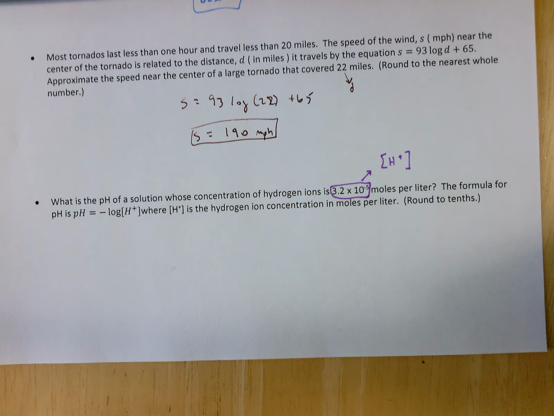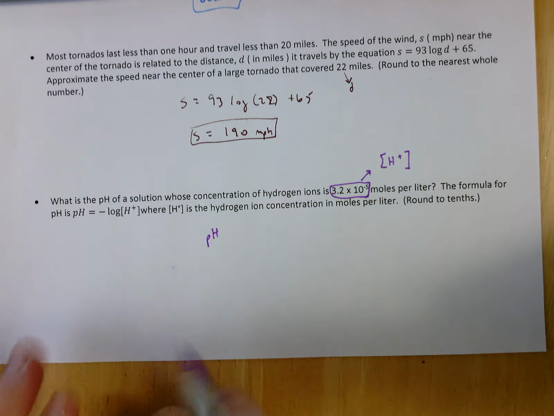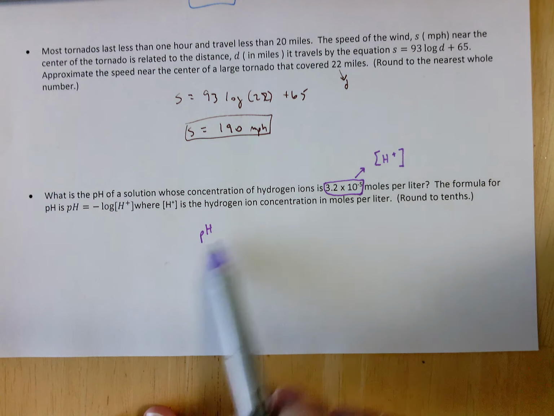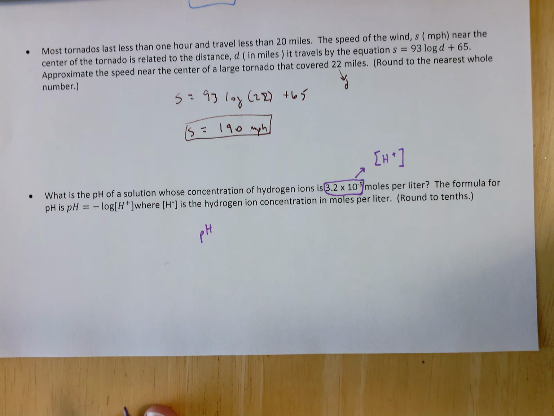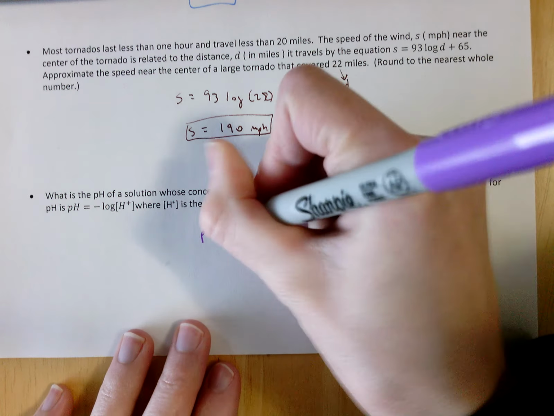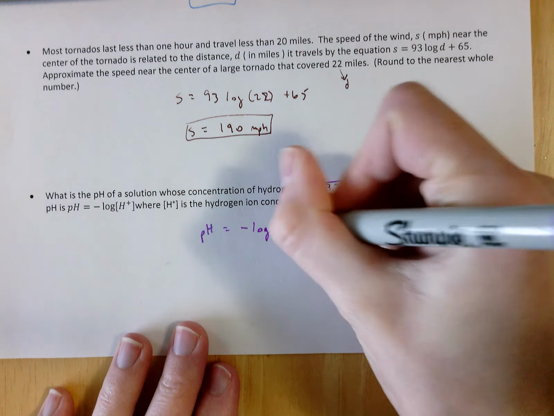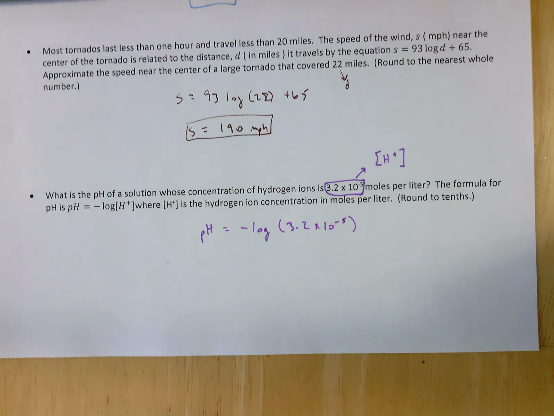Okay, and pH, in this case, is acting as one variable. It's not P times H, it's just representing one particular thing. Okay, so that equals negative log of, and this is where I'm going to plug this 3.2 times 10 to the negative fifth in.